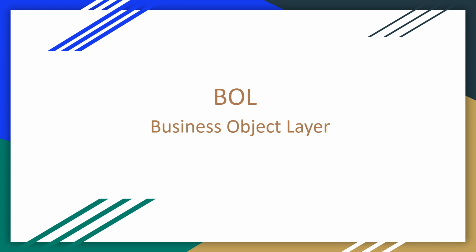Let's suppose I have a table in the database with the name products. For this table, you know that we have to add a C# class also in our project for mapping the data, for storing the data during runtime. So I will add this class, I mean the product class, inside this layer. So basically, we will add all our C# classes, I mean entities, inside the business object layer.